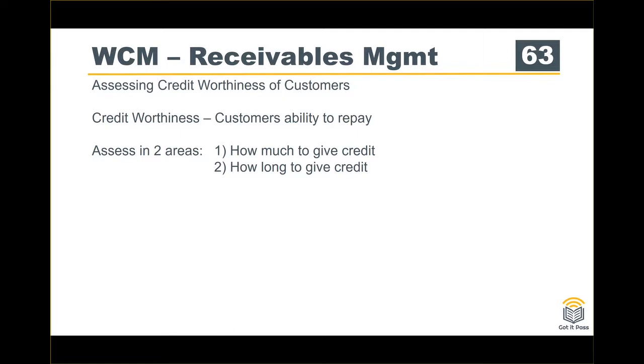Say in the past, the company's total sales is 100 million, and this customer contributes 10 million in sales to your company. And in the past, the credit period is 30 days.